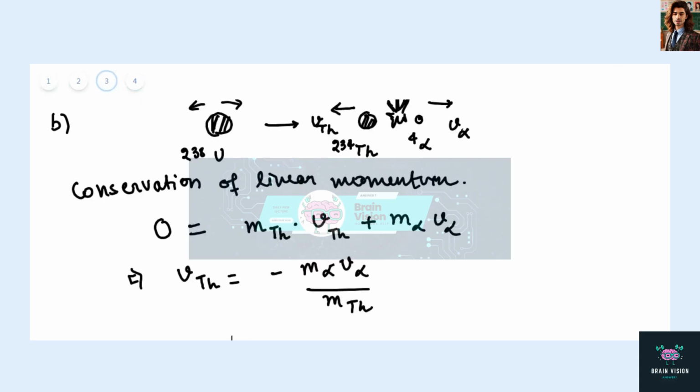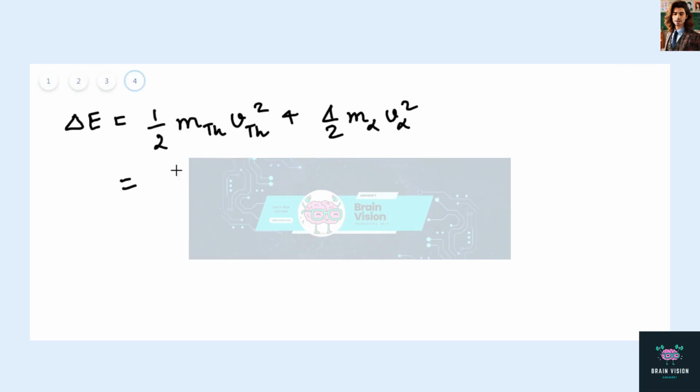So, okay, let's do it the other way around, V alpha equal to minus m thorium over m alpha times V thorium. We can substitute this here. How do we do that?